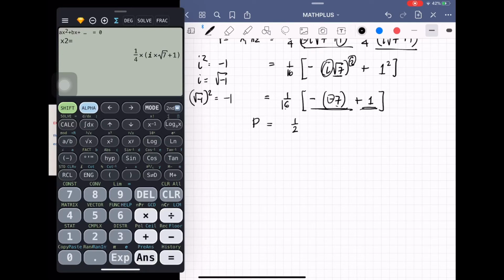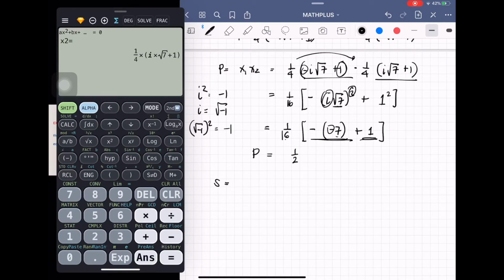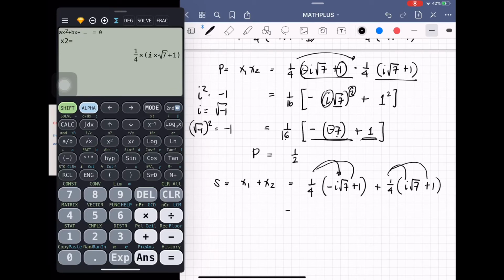If we are solving for the sum of the roots, that's x sub 1 plus x sub 2. So that will give you 1/4 multiplied to the negative i square root of 7 plus 1, plus 1/4 times the positive i square root of 7 plus 1. So to add this, we have to distribute the constants that we have, and that will produce the negative 1/4 i square root of 7 plus 1/4.